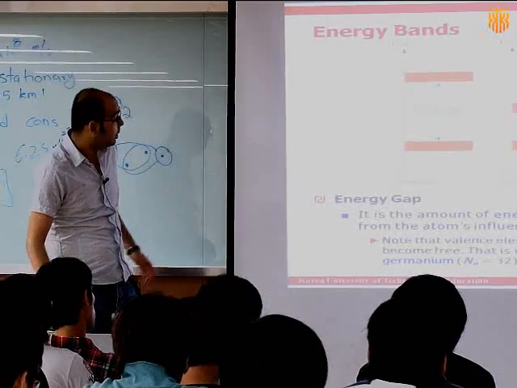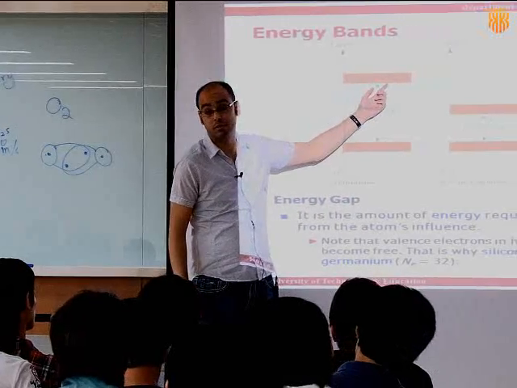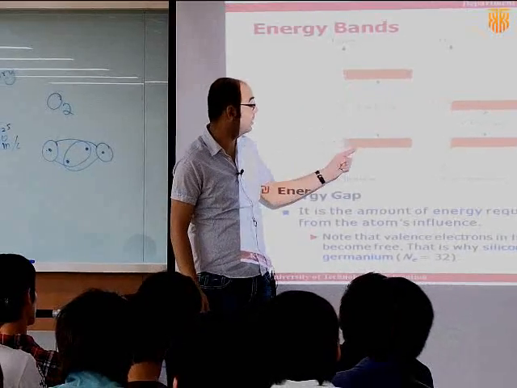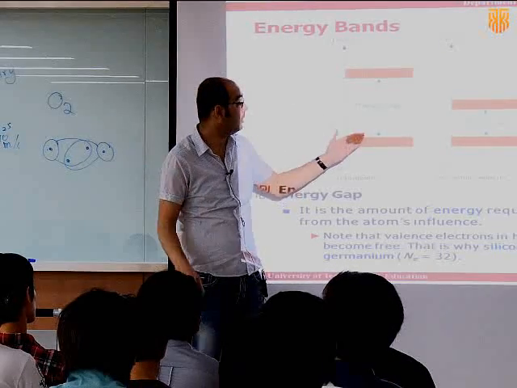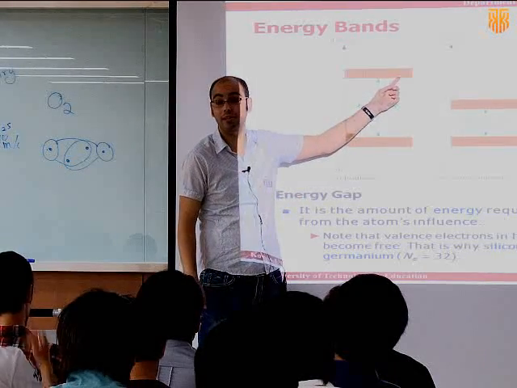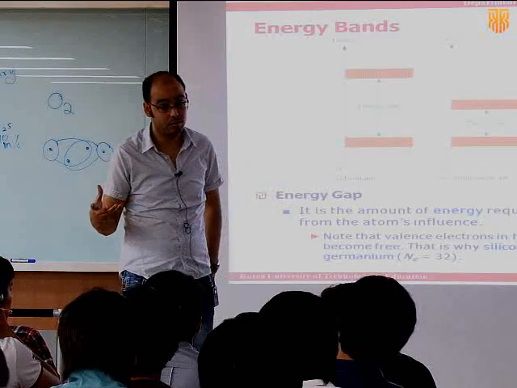So, you see, this is the valence band and the conduction band. If the electron is here, it is not conducting yet. But if it moves to the conduction band, it will conduct. Okay, that makes electricity.